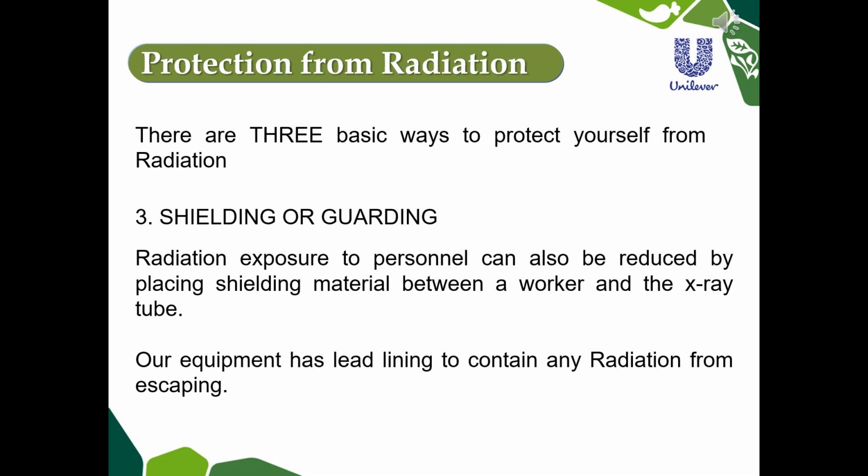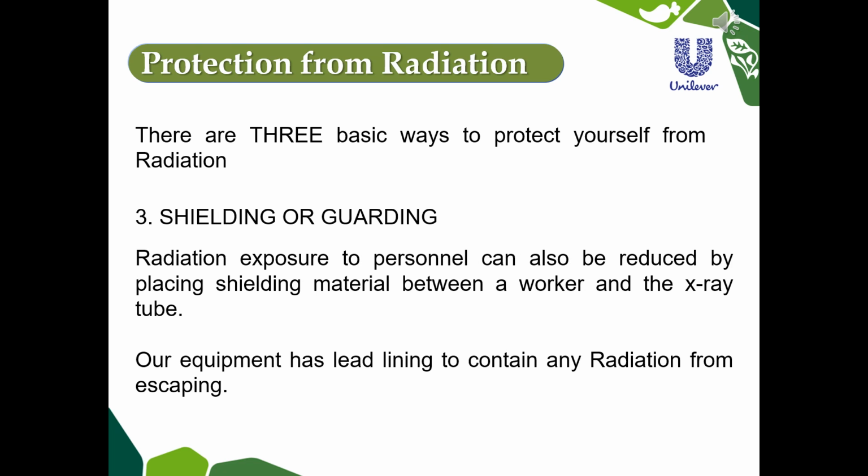So the third and most important way to protect ourselves from radiation is shielding or guarding. So the X-ray machines that we have on site here all have very good shielding, lead lined.